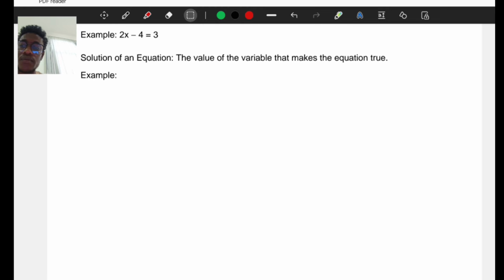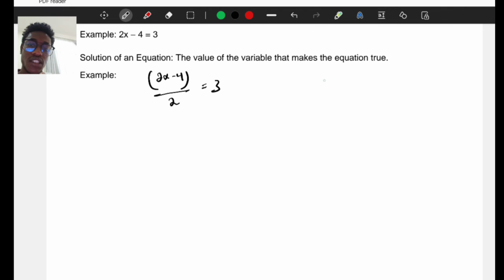And let's give you some examples here. If you are asked to solve 2x minus 4 over 2 is equal to 3, and the other one is to solve 4x minus 5 is equal to 10. This is so easy.